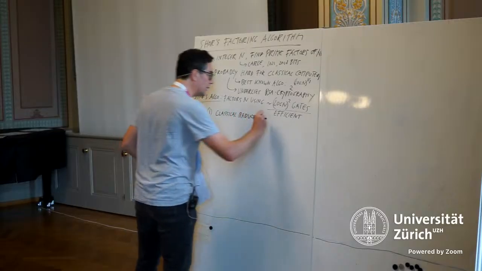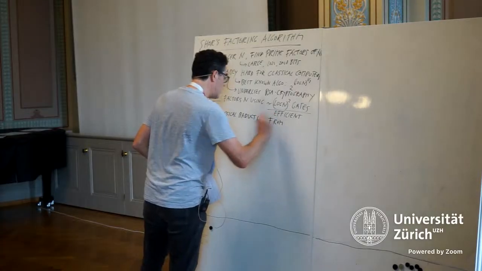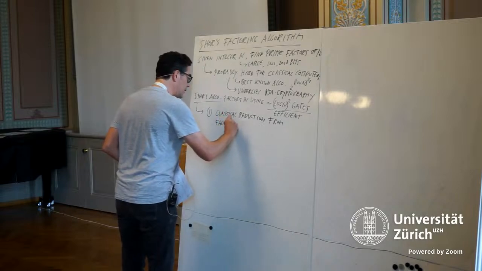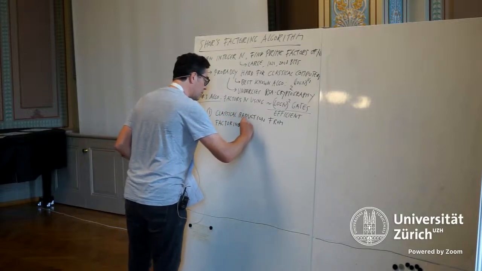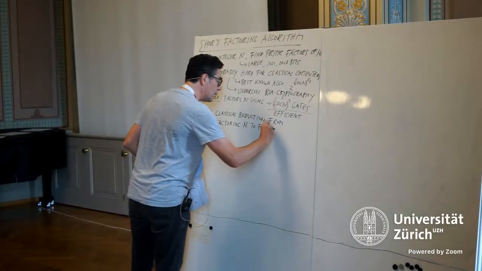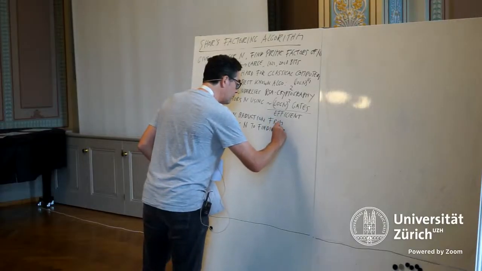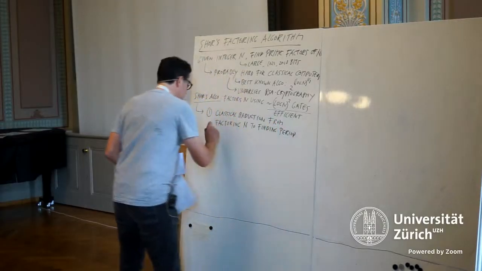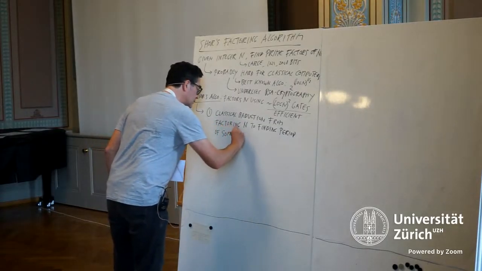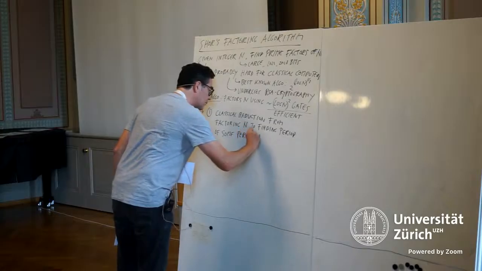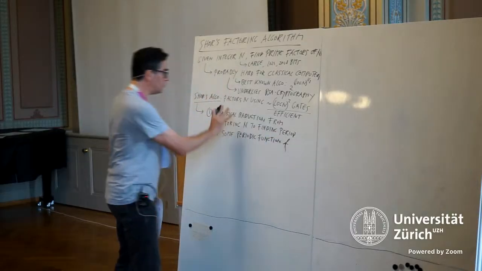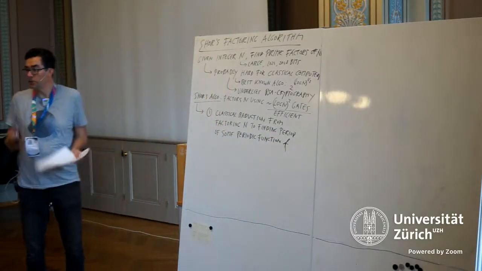So, a classical reduction from factoring the number capital N to finding the period of some function f, which I'll explain. And this is classical. And then the second part of the algorithm, this is the actual quantum part.